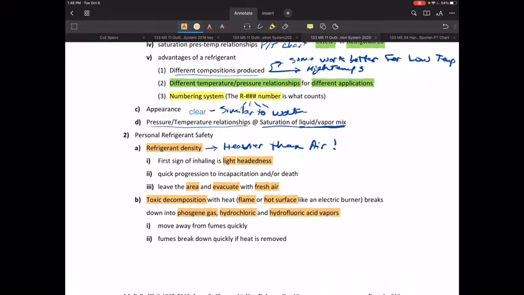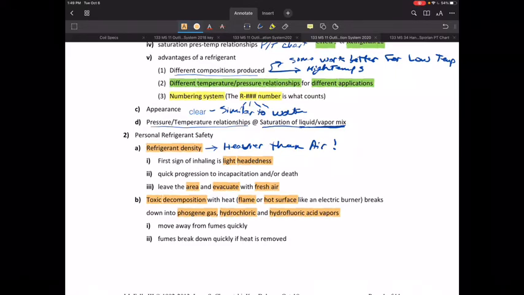Now, every technician has to be somewhat concerned about this, because I've repaired lines before, and as I'm warming up the refrigerant lines, I can see that there are refrigerants coming out of the system. Even if you are putting nitrogen in your refrigerant lines to sweep the refrigerant out, if you're using a torch and it's coming in contact with those refrigerants, you'll actually notice it by the color change.